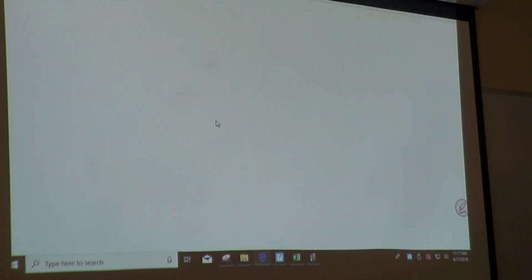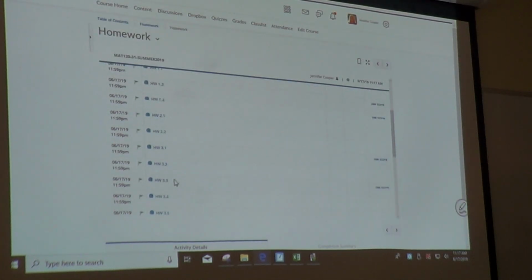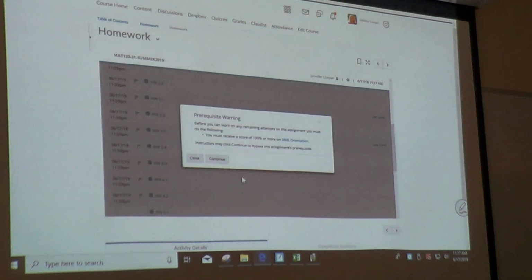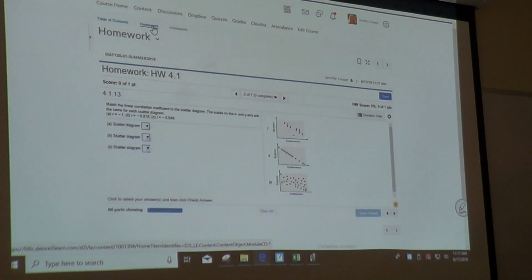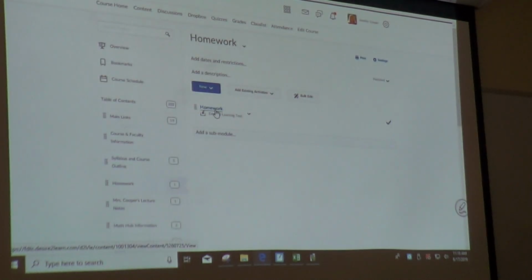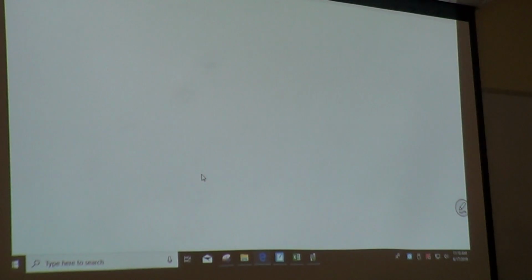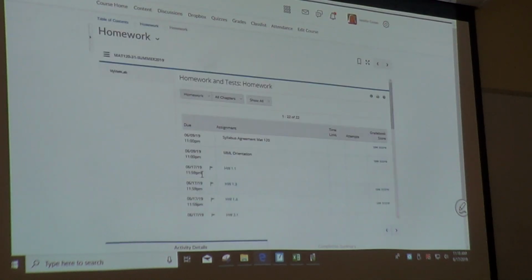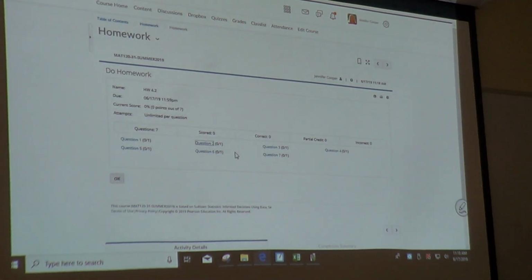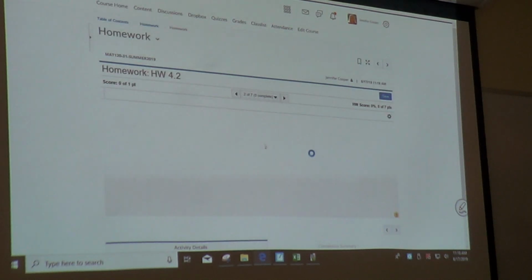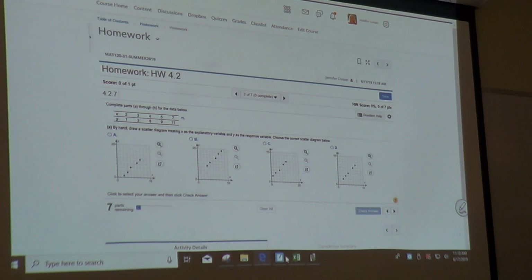So this is 4.2, number 2. I'll pull it over to make it bigger, so as we go, y'all can work it out with me.